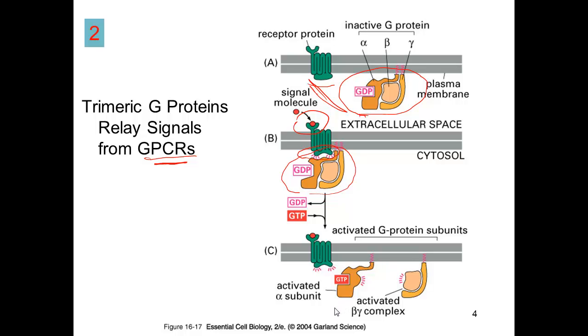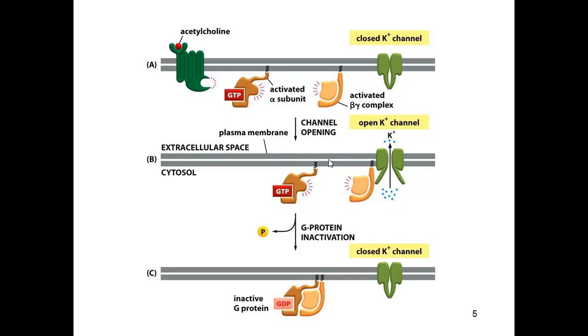Upon being activated by GTP, the trimeric proteins dissociate into two subunits, the alpha and the beta gamma, and they diffuse laterally tethered to the membrane by the lipid tails, which are covalently attached to the proteins, to an effector protein which then they can activate.